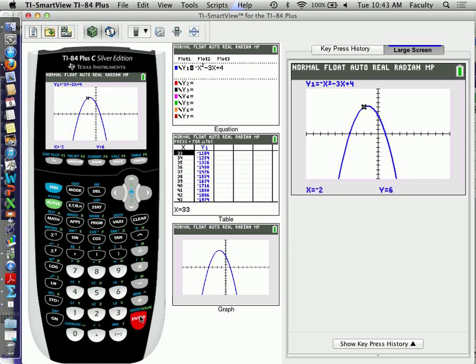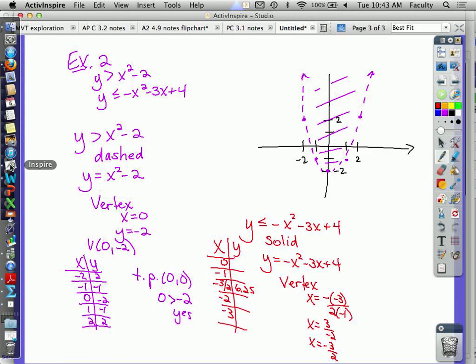I can do -2, -3. Okay? So you can graph it, but you have to press trace, and then you can type in any number you want. And that's if your vertex or the problems are going to spit out decimals, okay?